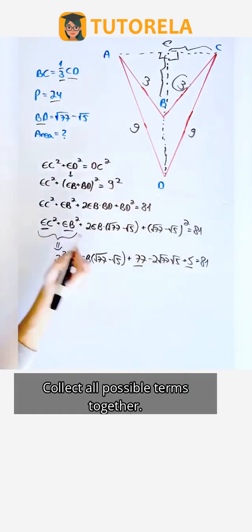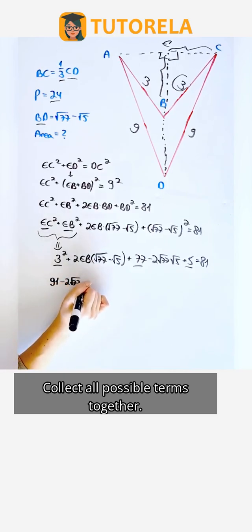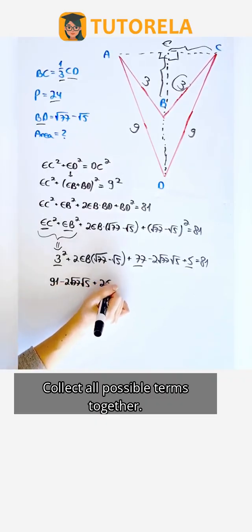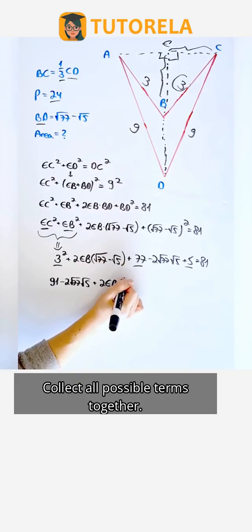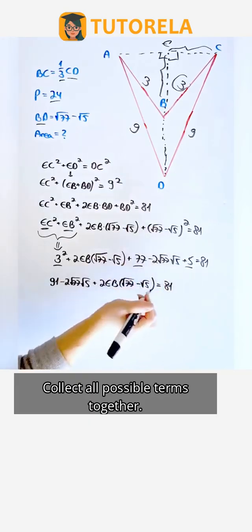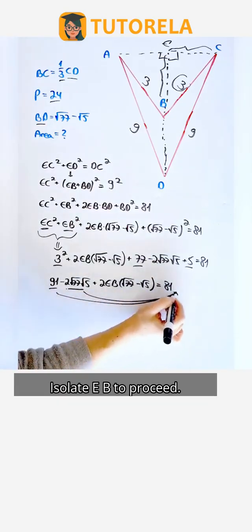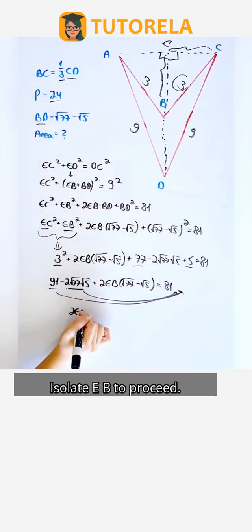Collect all possible terms together. Isolate EB to proceed.